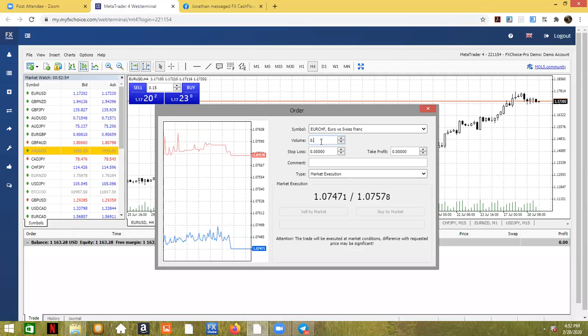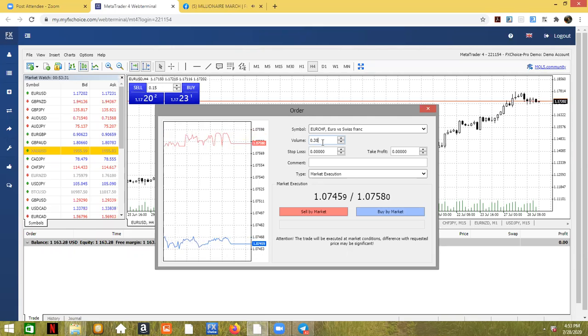Now, if you're much more aggressive, you might go $4 a pip. You move that over one decimal place, instead of 0.4. The first digit to the right of the decimal on the lot size is your dollar per pip. So if I did 0.10, that's $1 per pip. 0.20, $2 per pip. 0.30, $3 per pip.